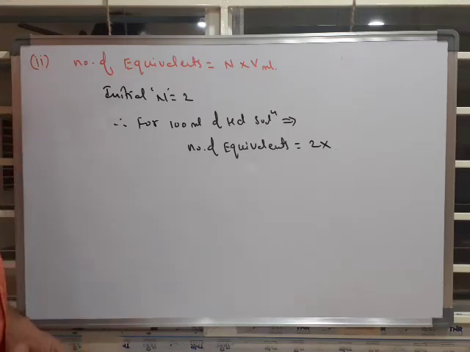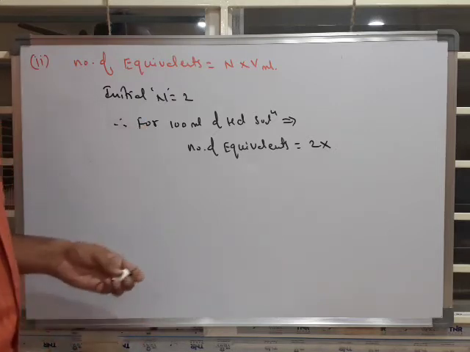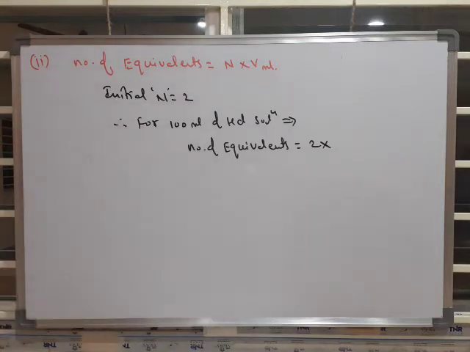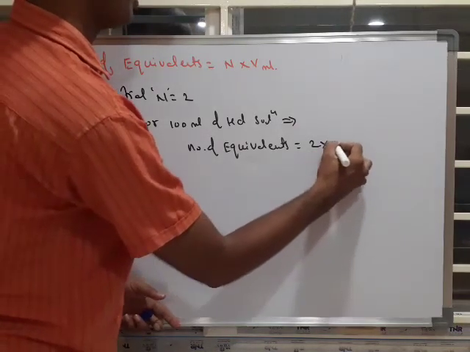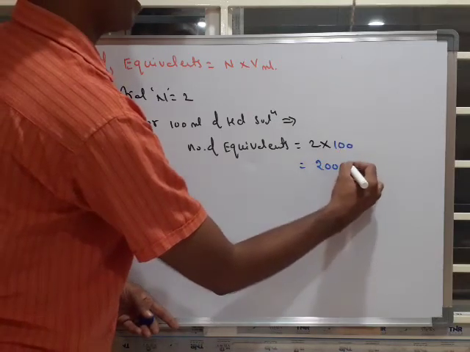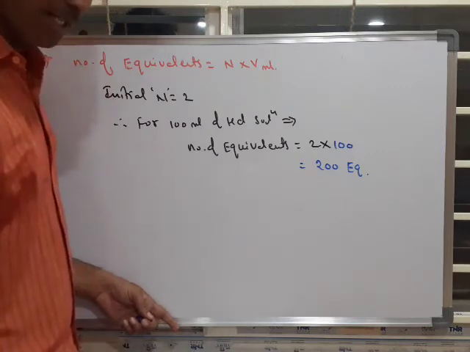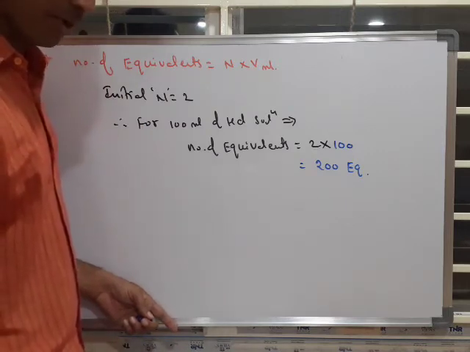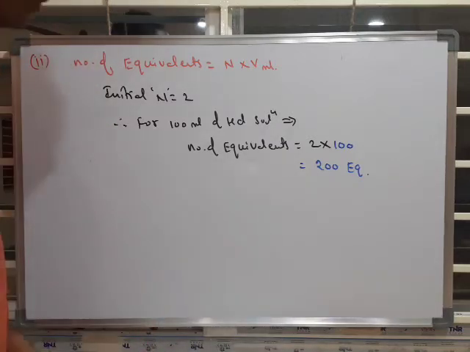So for 100 milliliter of solution, the number of equivalents is normality into volume, that is 200. In the question it is asked to find the milli equivalents, so the number is 200 milli equivalents.